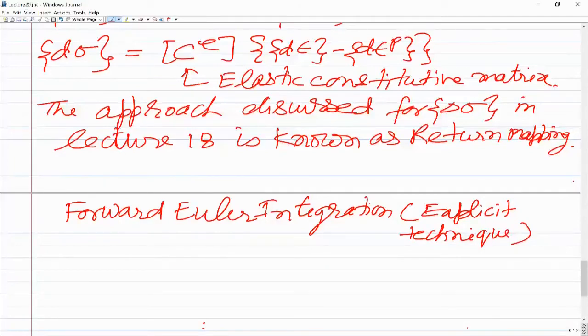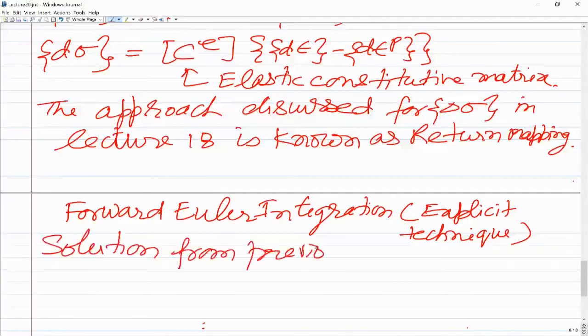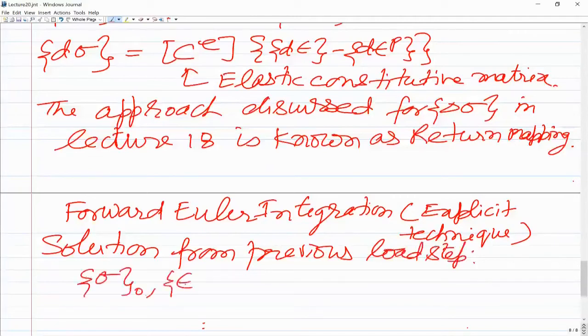Now in the forward Euler integration scheme, again we will know the solution from the previous load step. We will know the stress from the previous load step, the total strain, the plastic strain, the plastic work, and the back stress from the previous step.